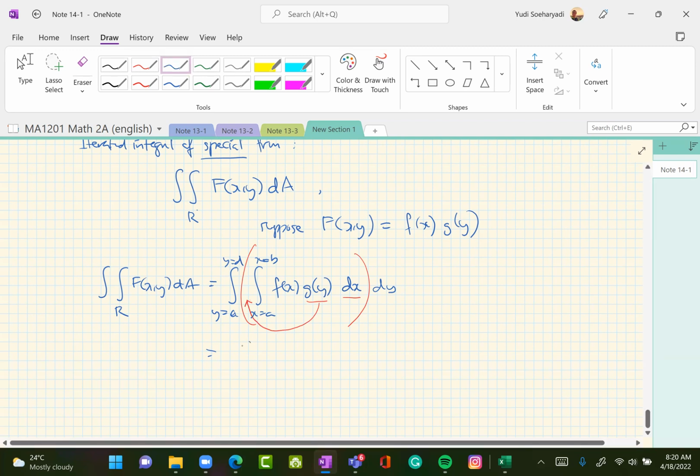So what you get is the integral from y equals c to y equals d of g of y, because the constant is factored out. Constant factors also remain.